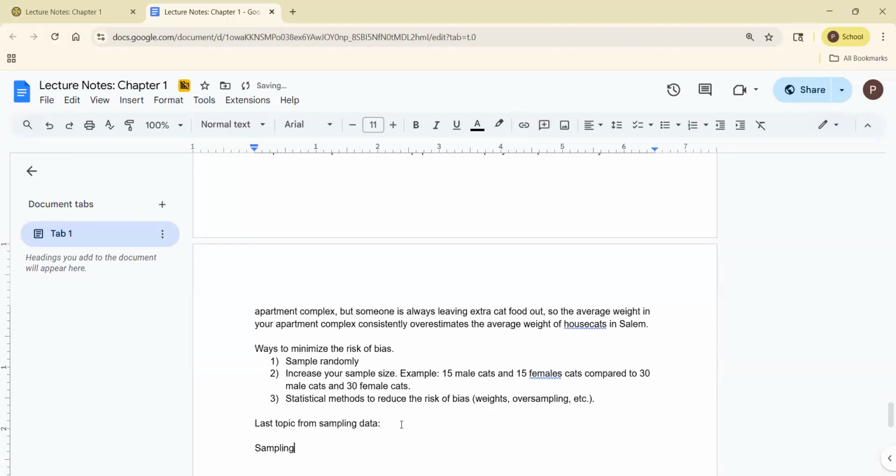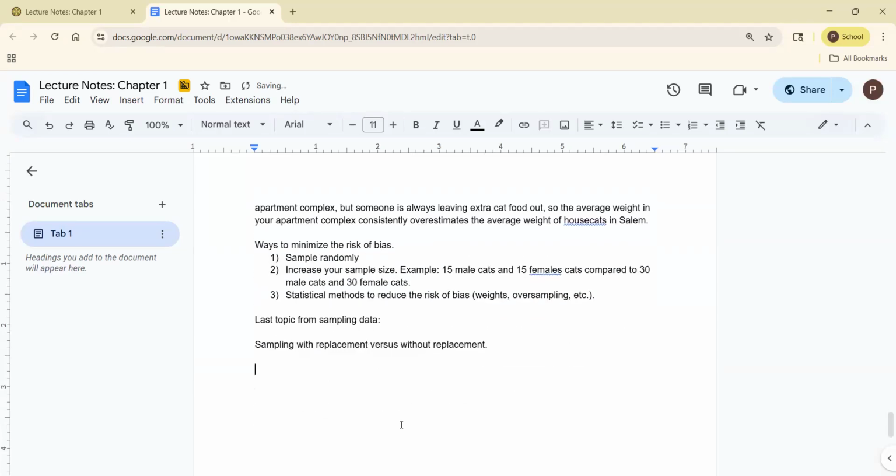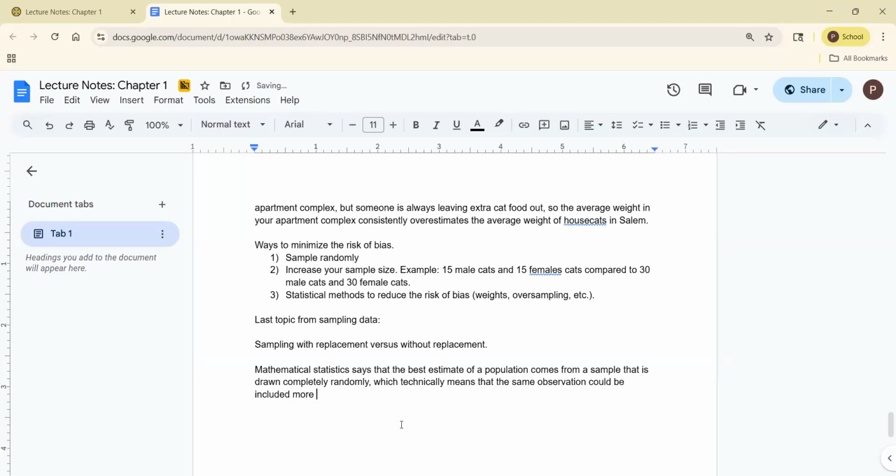It's called sampling with replacement versus without replacement. So mathematical statistics says that the best estimate of a population comes from a sample that is drawn completely randomly, which technically means that the same observation could be included more than once.